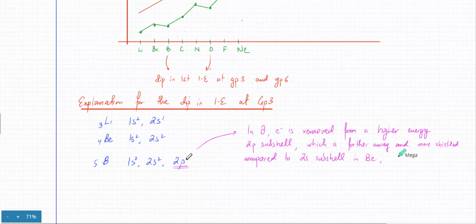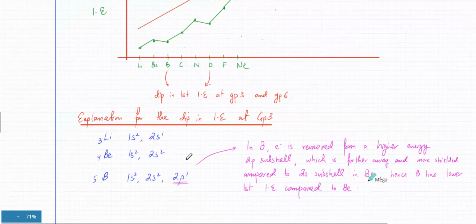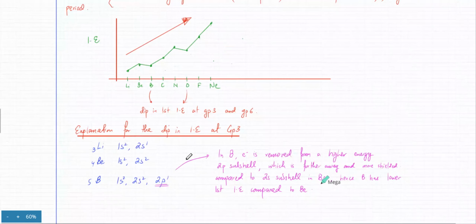Hence ionization energy decreases. Hence boron has lower first ionization energy compared to beryllium. So is this clear, Amal?